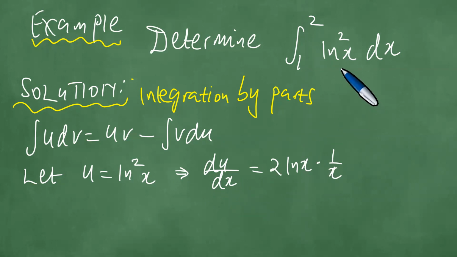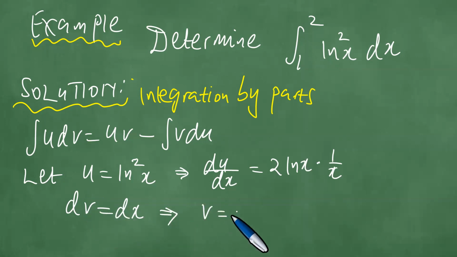In other words, if you choose u to be ln squared of x, then dv is what remains, which is dx. You integrate both sides. If you integrate dx, you get x, like so.